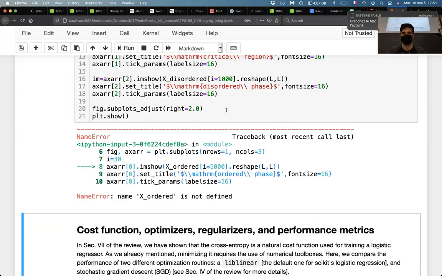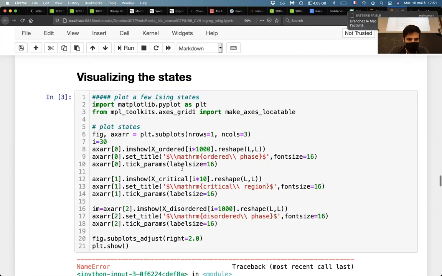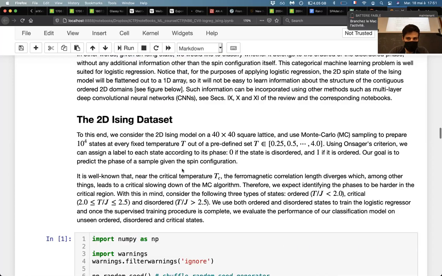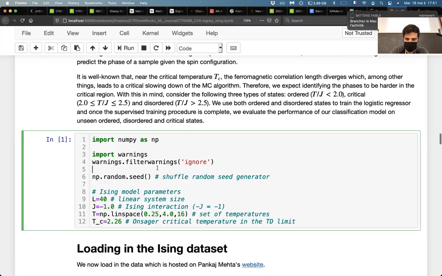Let me plot another set of random configurations chosen randomly in the data. Oops. It's not defined. I didn't load everything.